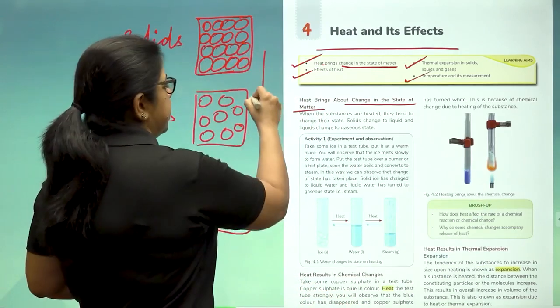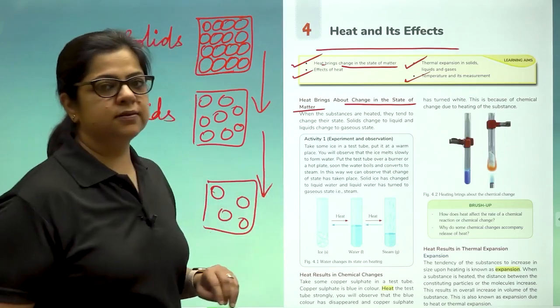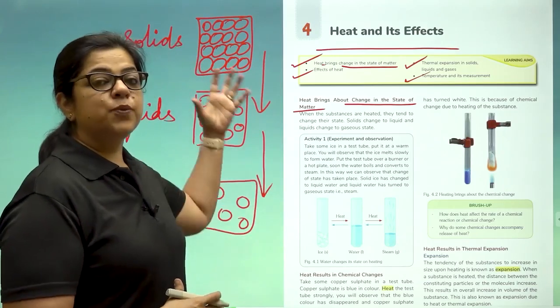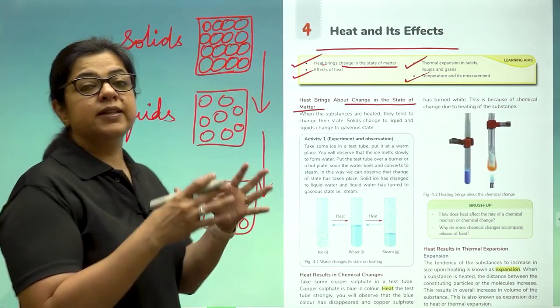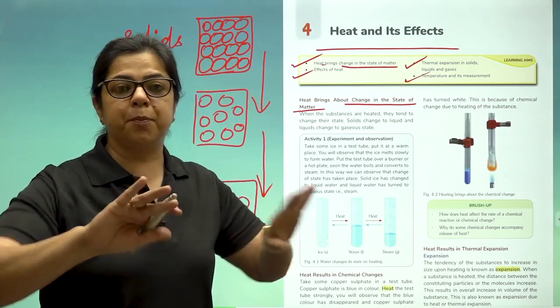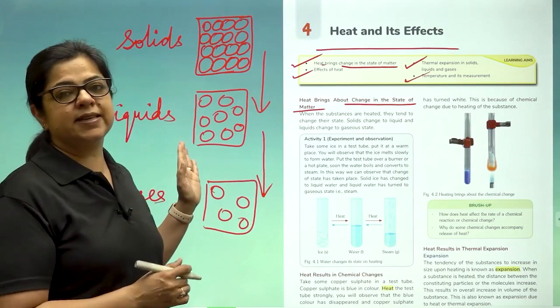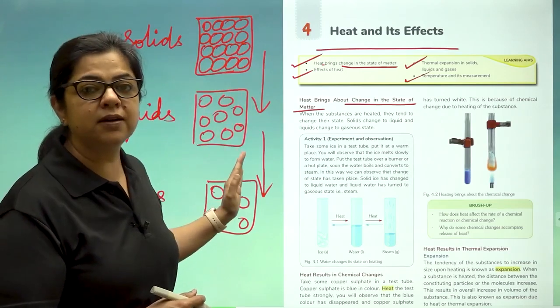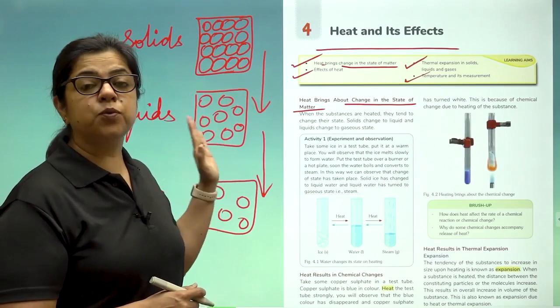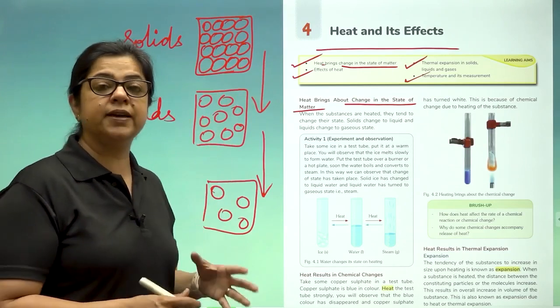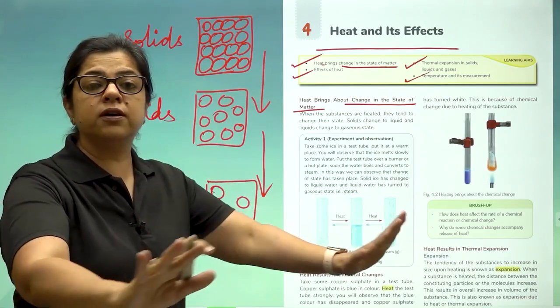So here what is happening? Can you guess? When you are heating the solid, the molecules are moving apart. When they are moving apart, a change of state is taking place. Solid is becoming a liquid. Again in liquid, what is happening? If you continue heating it, the molecules will move further apart.